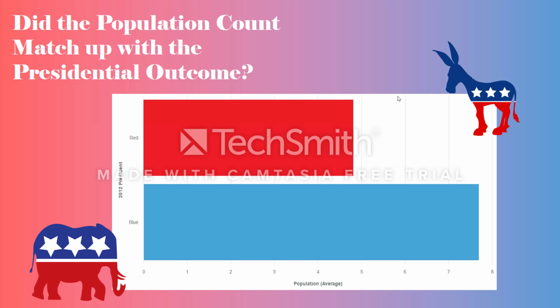Now, did the population count match up with the presidential outcome? Since our next president is decided by the electoral votes and not the popular vote, except within each state, which decides based on the popular vote who is going to receive the electoral votes. But I also wanted to get a reading of how the population voted and if it represented the electoral vote in this particular 2012 election.